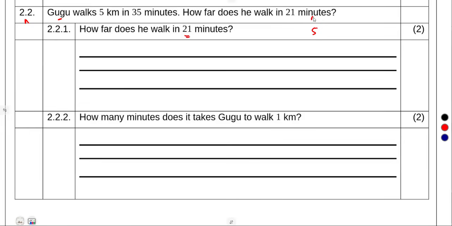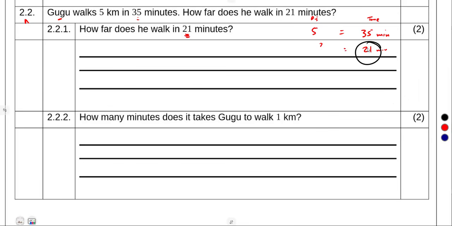So in terms of the distance here, this is the time. In 5 kilometers, he is actually going to take 35 minutes. So what about in 21 minutes? In 21 minutes, how many kilometers? So it follows that for the distance covered, the more distance, the more time.